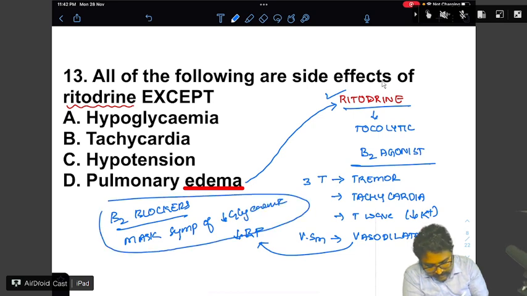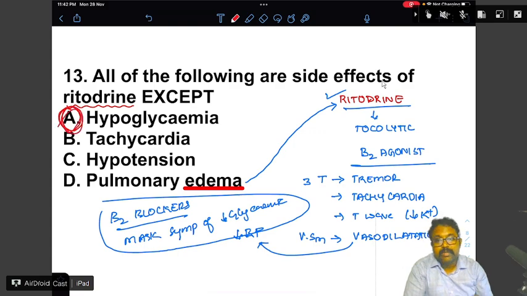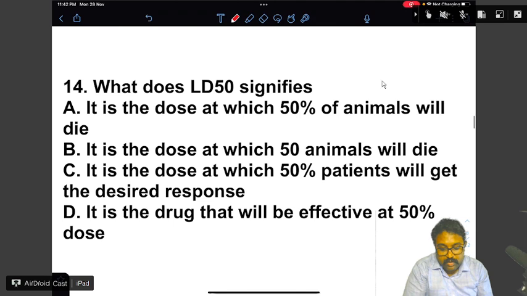Whereas here the side effects you can see are tachycardia due to vasodilation, hypotension, and pulmonary edema, except for hypoglycemia. Here the answer will be hypoglycemia.